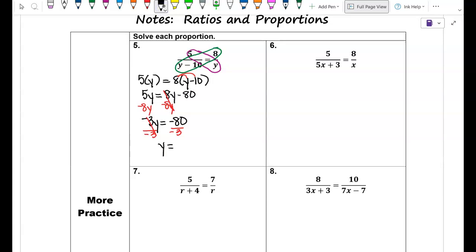And we get y equals 80 thirds. 3 does not divide into 80 evenly, so that would be our answer. Again, if we can simplify, we do, but in this case, there's nothing that goes into both 3 and 80 evenly.